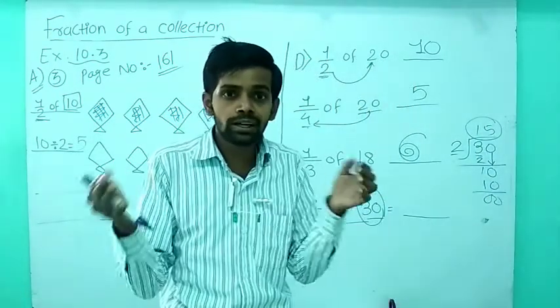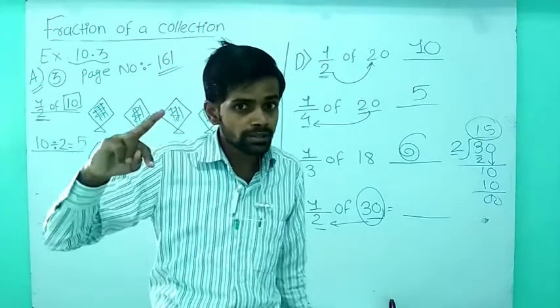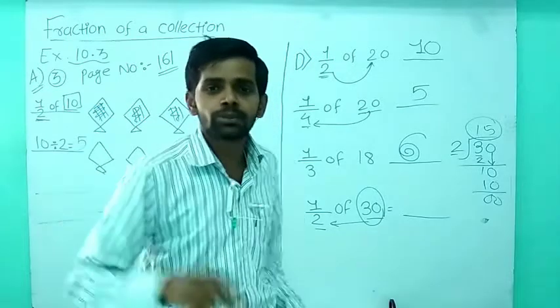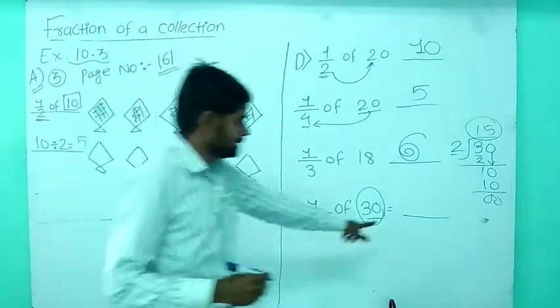Half of 30 is 15. 15 1s are 15, 15 2s are 30. So the answer is 15.